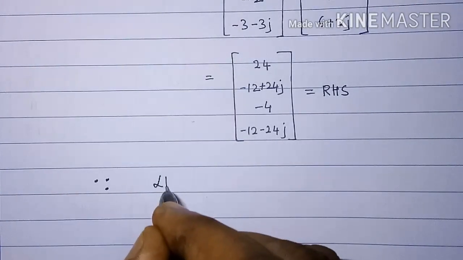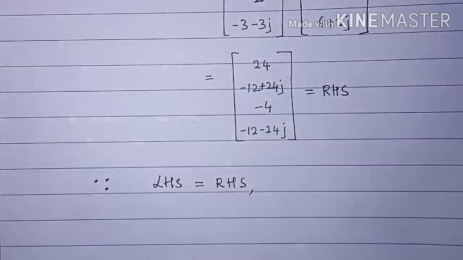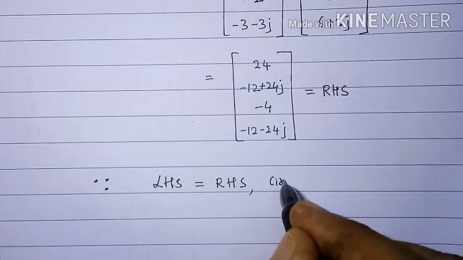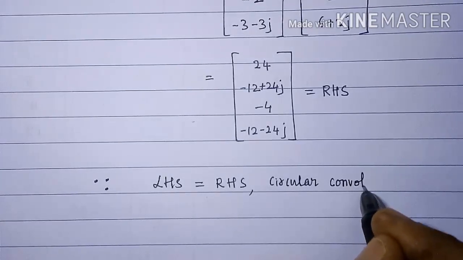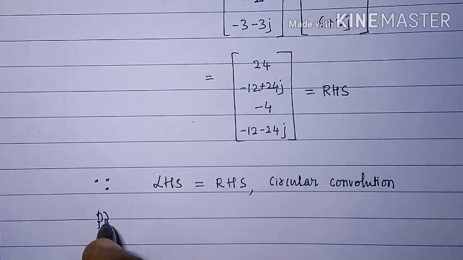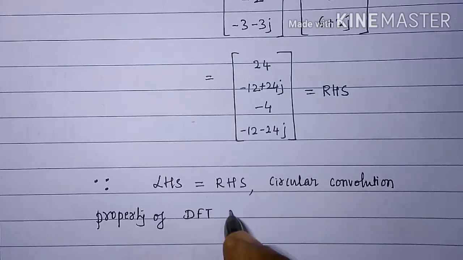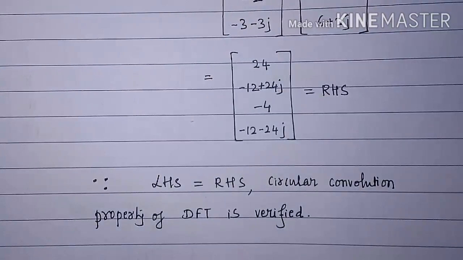Since LHS is equal to RHS, circular convolution property of DFT is verified.